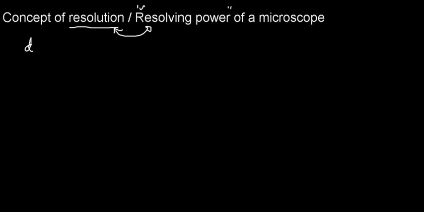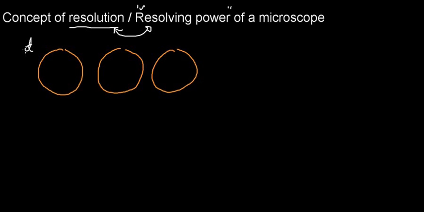And what do I mean? Let's just say I have my microscope here, and I have two different points here. And it's important always to know that two different points should be resolved as two different points.